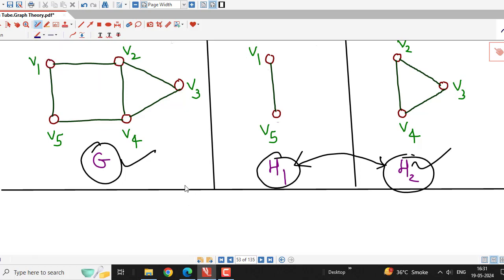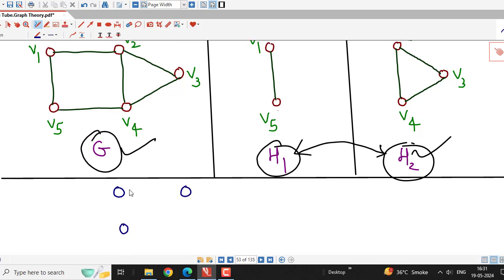For example, if you consider this part, suppose I am taking V1, V2 and V5. Suppose I want to construct vertex disjoint subgraphs, then I have to take care that no vertices are common. So if I am taking V1, V2 and V5, then here I can consider this portion, two vertices V3 and V4.